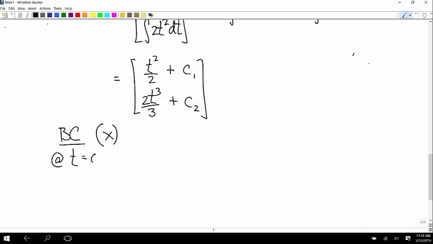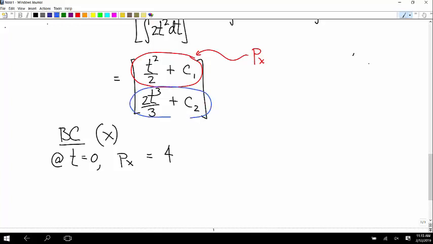So at time equals 0, the x component of p is equal to 4. This here is px. This is py.